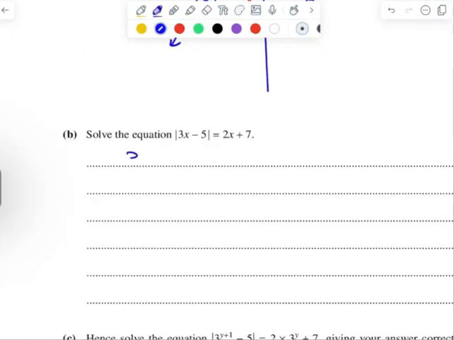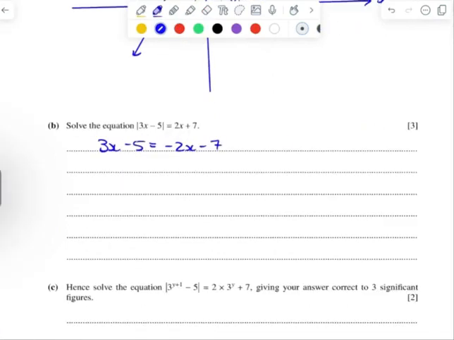So I'm going to say my 3x minus 5 is equal to, and then you either pick the negative value, or 3x minus 5 is equal to the positive value. So what are these two values? x is equal to 12, and the other is going to be minus 2 over 5.